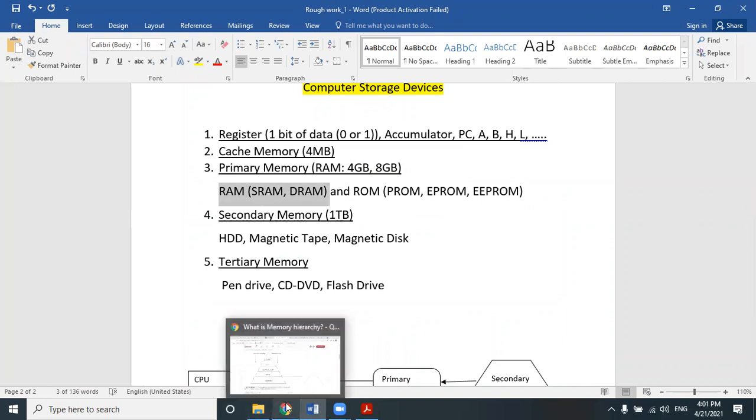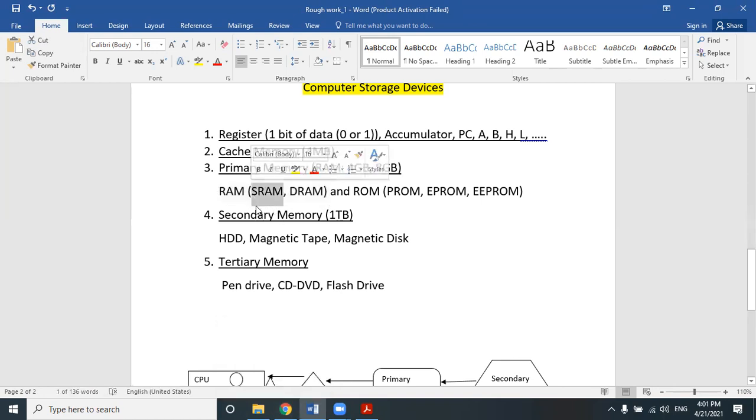Okay, so next comes the primary memory or main memory, that is RAM: static RAM and dynamic RAM. As all of you know, RAM is overall a volatile memory, and static RAM also provides volatile storage. But as long as the power is supplied, it needs no special regenerator circuits to retain the stored data. Static RAM does not require any regenerator circuit to retain the stored data. As long as the power is there, the static RAM stores data automatically.